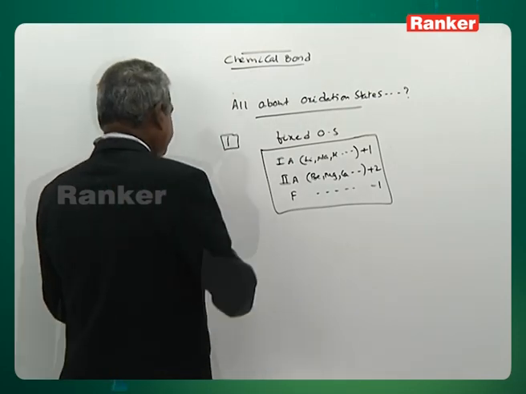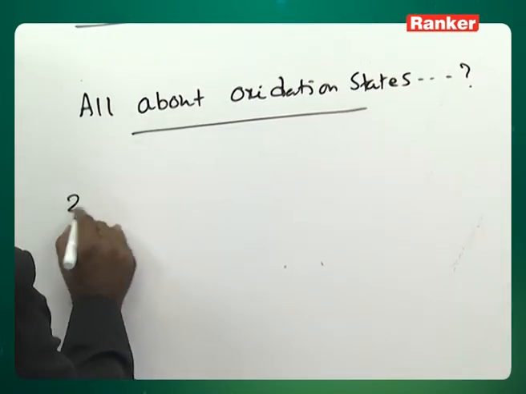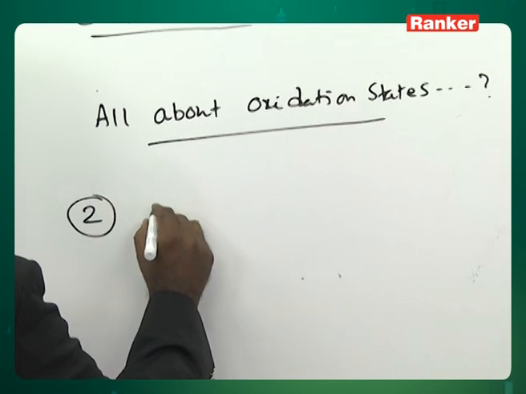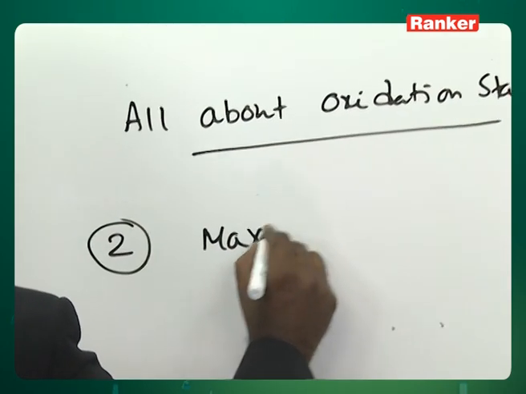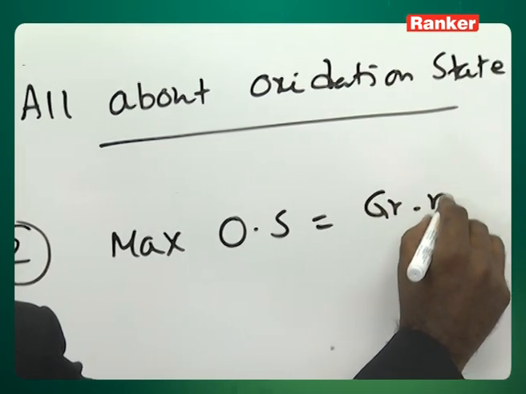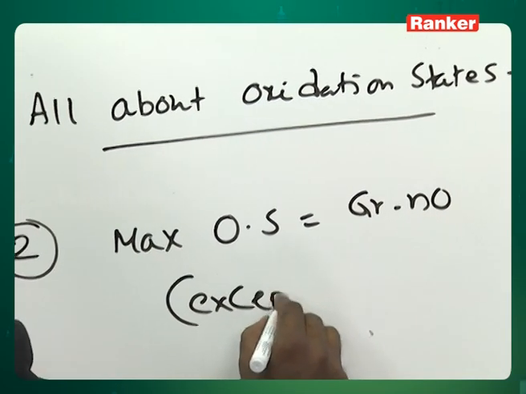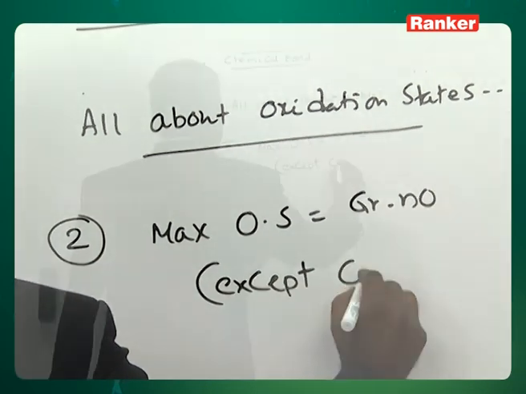Second, maximum oxidation state. The maximum oxidation state of an element is equal to its group number, the chief exception being copper.